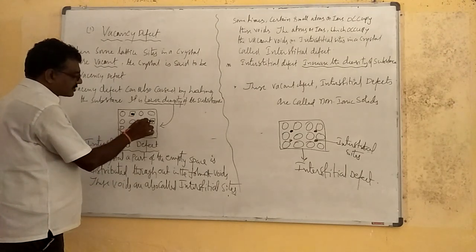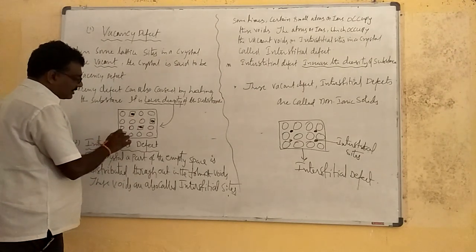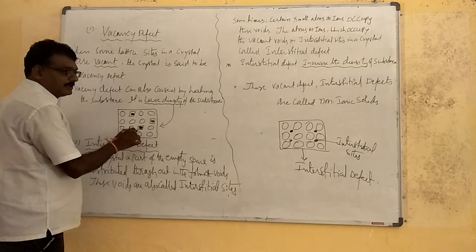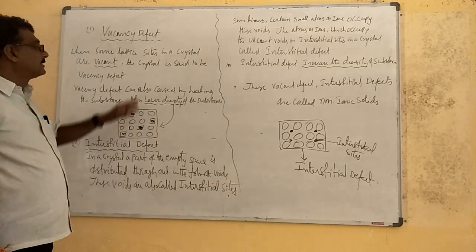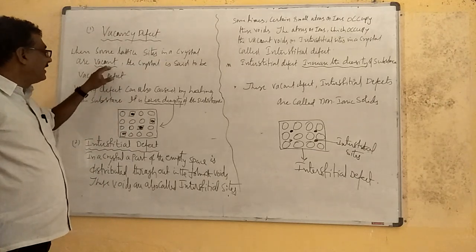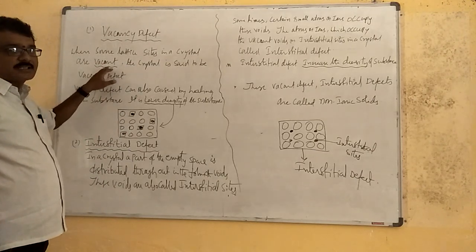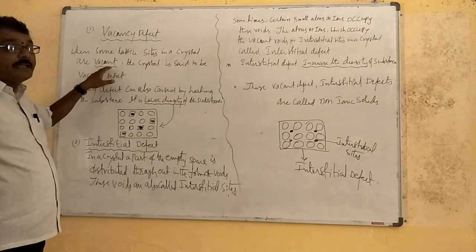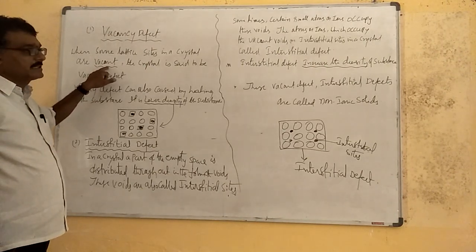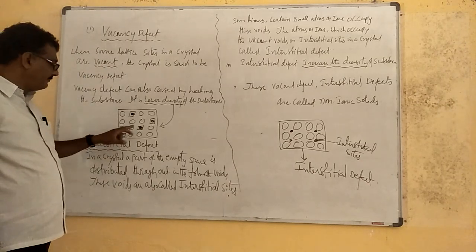This is called a vacant site, and that defect is called a vacancy defect. In a crystal solid, some lattice sites are vacant.